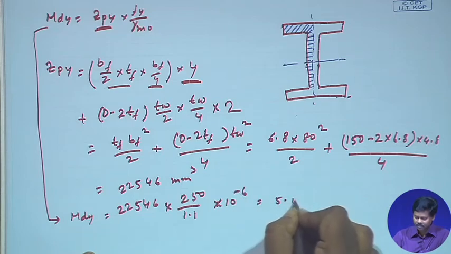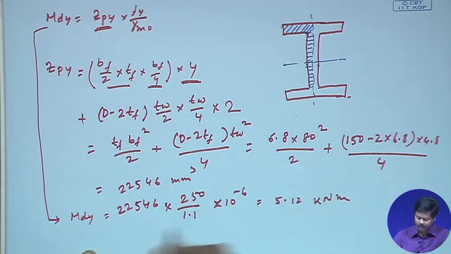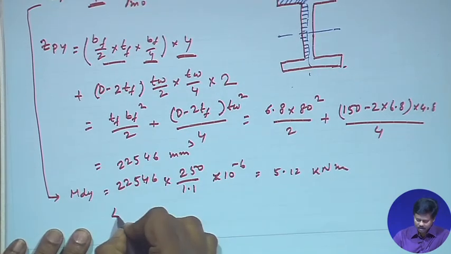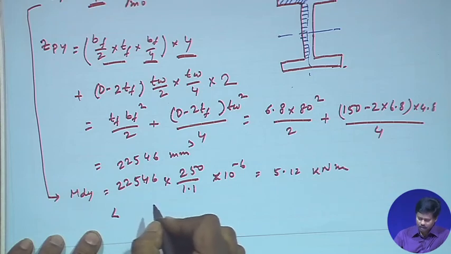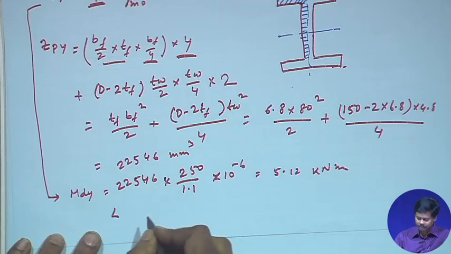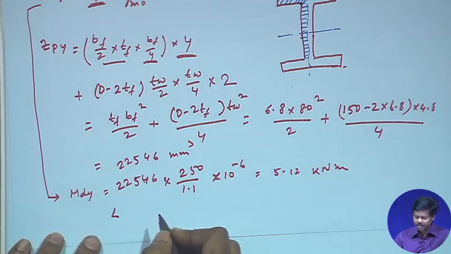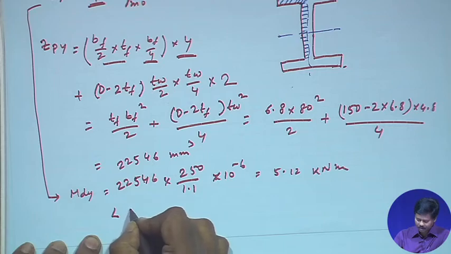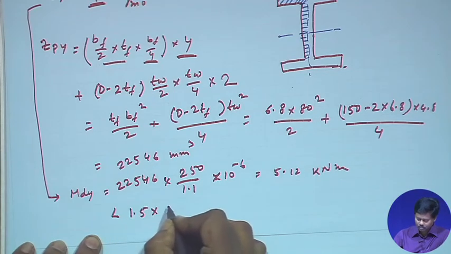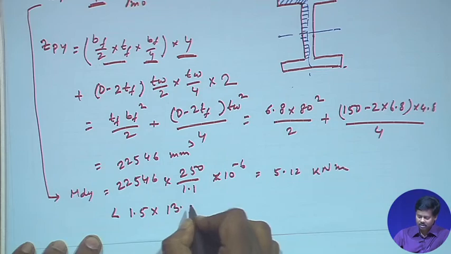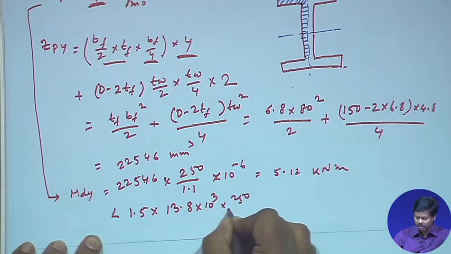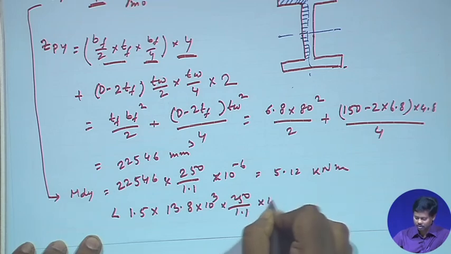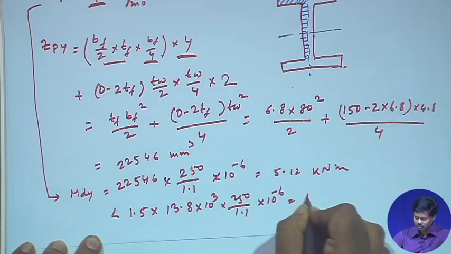So, this is becoming 5.12 kilonewton meter, and it should be less than 1.2 into Zey into Fy by gamma m0. Here 1.2 will be replaced by 1.5. So, 1.5 into Zey, Zey was 13.8 into 10 cube, into Fy by gamma m0 into 10 to the minus 6 is equal to 4.7.